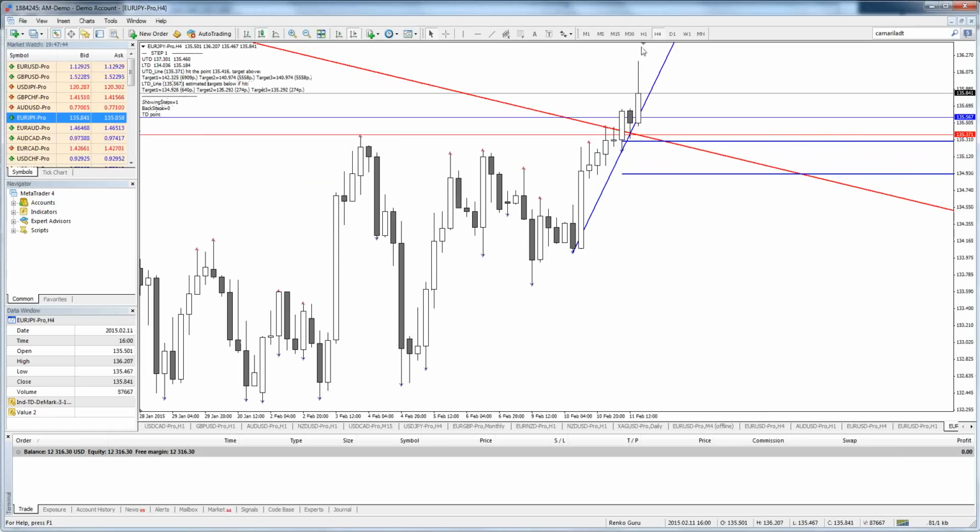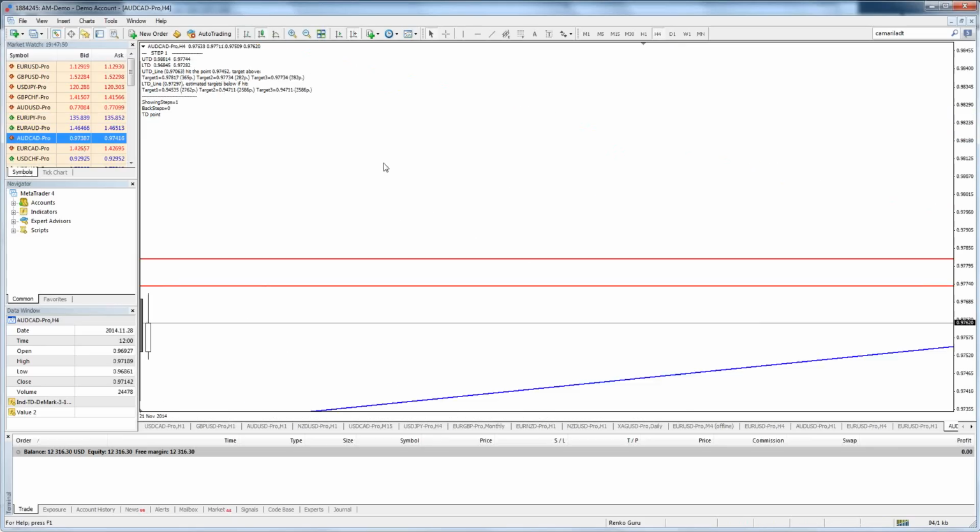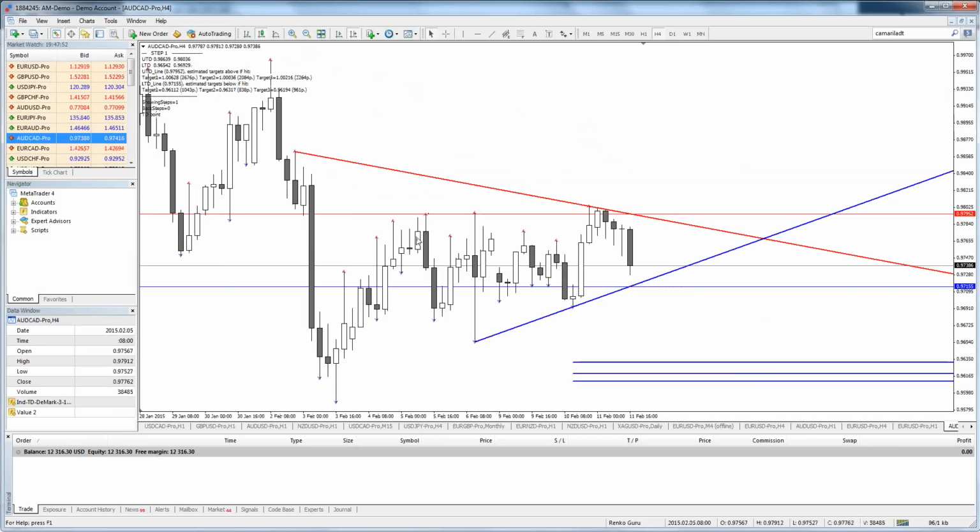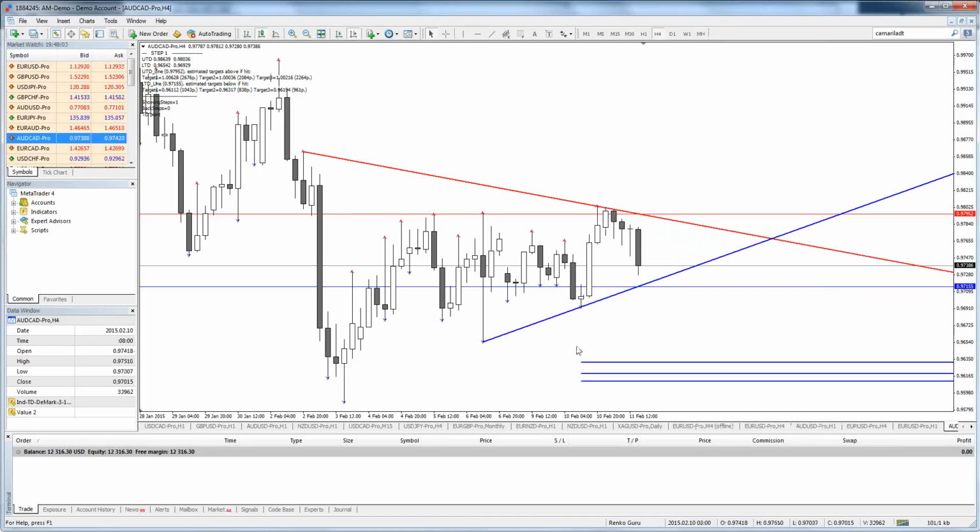This was the entry, and it tried to go to the target. You cannot backtest this indicator because it plots only what it sees on the current time frame. I would recommend you always use the most recent price projection.